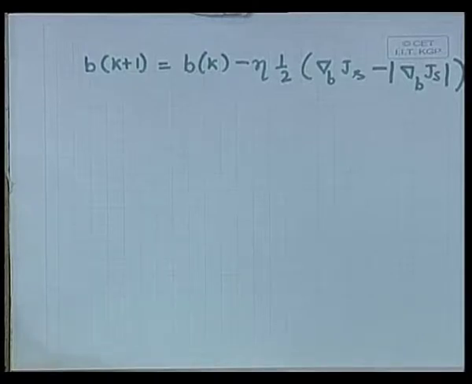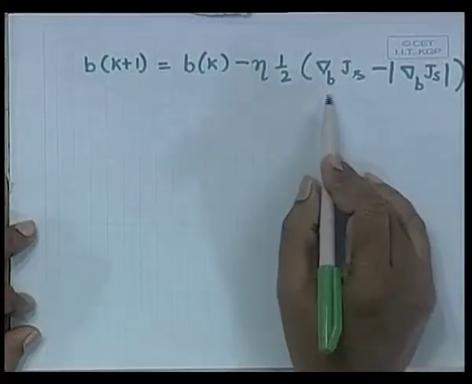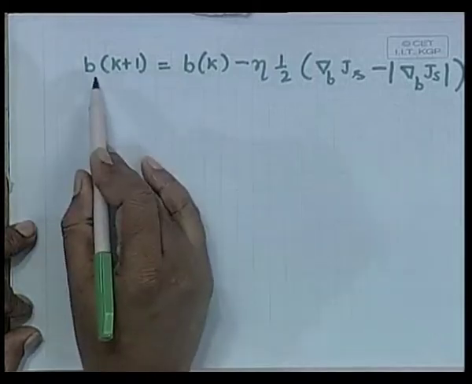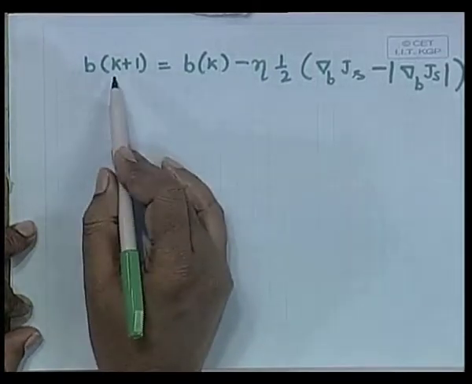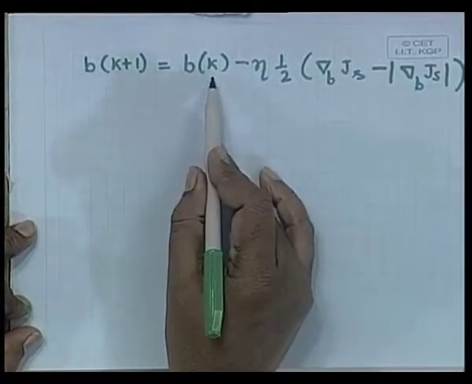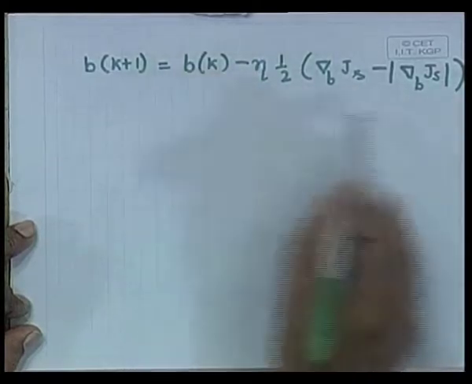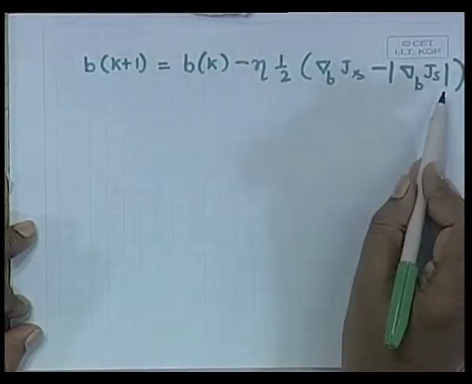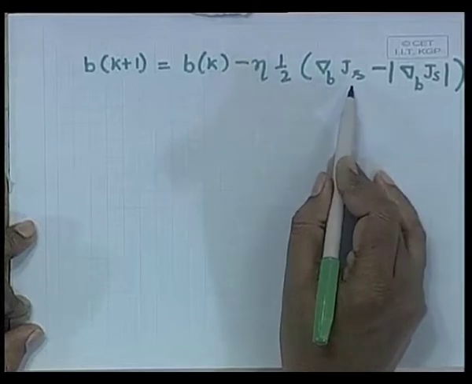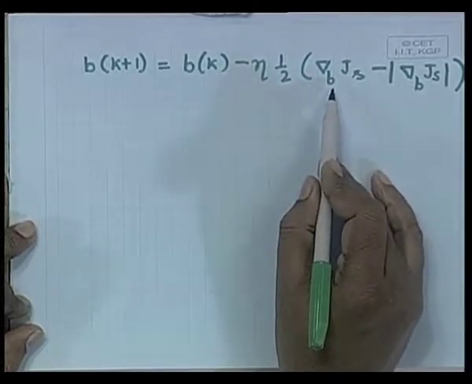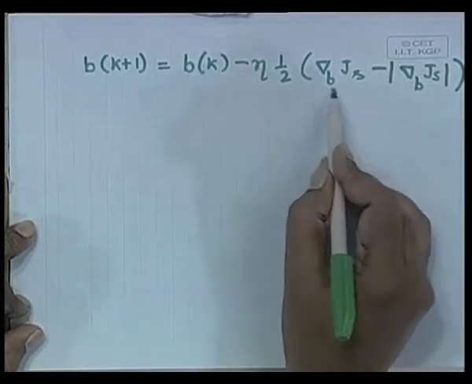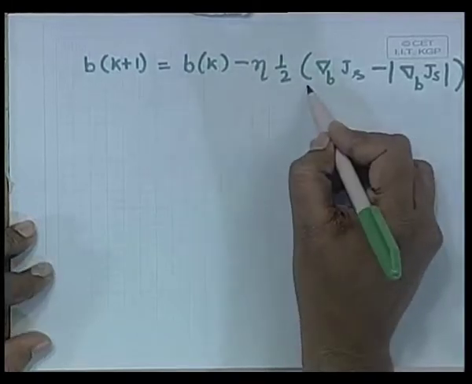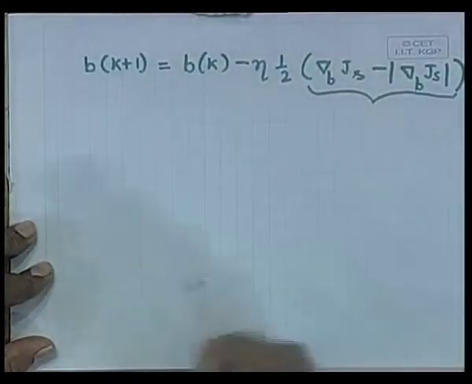Here you find that to obtain B(k+1), we are subtracting this quantity from B(k). If the gradient of J_S with respect to B is positive, then this total quantity will be equal to 0.